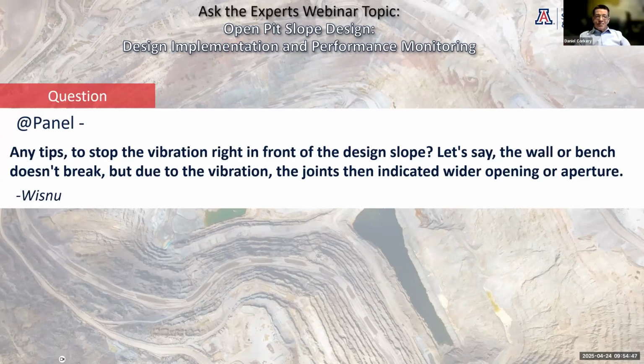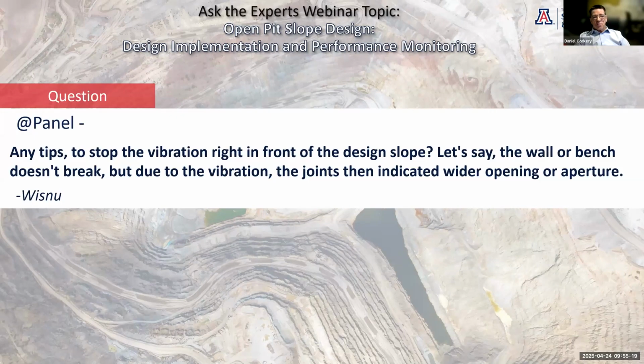Yeah, from what I understand, what the question is asking is this: you can't stop the vibrations, but minimizing the vibrations from impacting the wall is one of the key things. Not only the orientation of the blast, so you don't want these at right angles to the intended design slope. You want them at a lower angle.